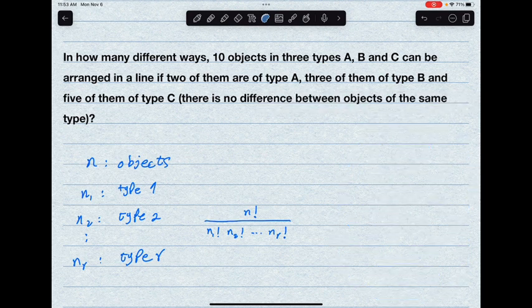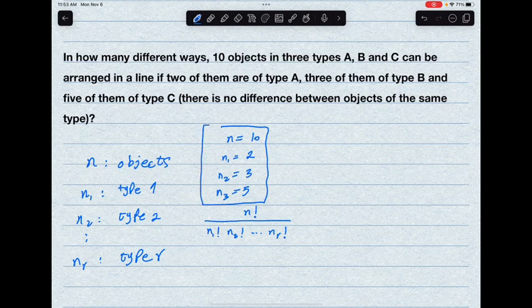Now, how can we do this question? For our question, n is 10 objects. N1, the first type, is A, so we have 2 of them, so n1 is 2, n2 is 3, and n3 is 5.